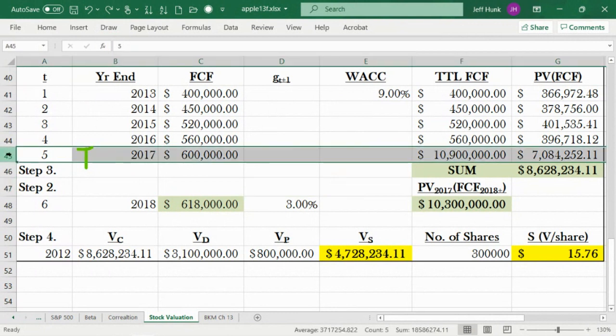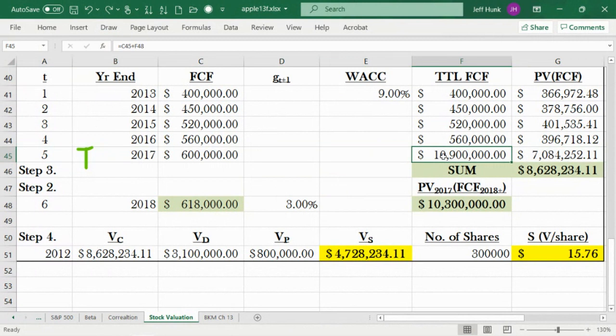And in year 5 or time capital T, we have not only this one, but also the value of the free cash flows after that.